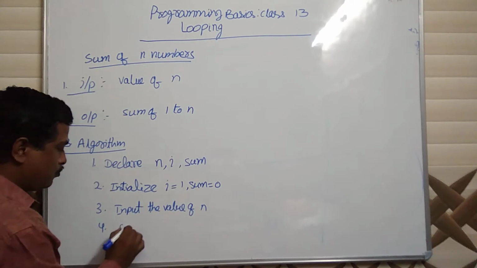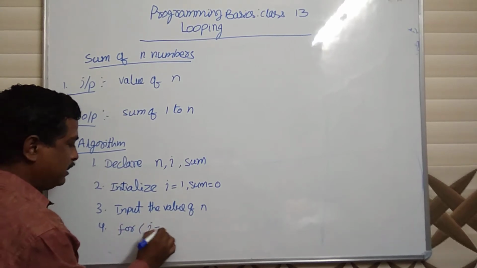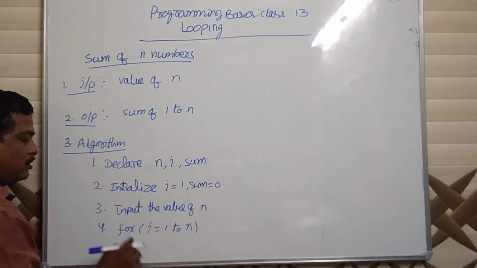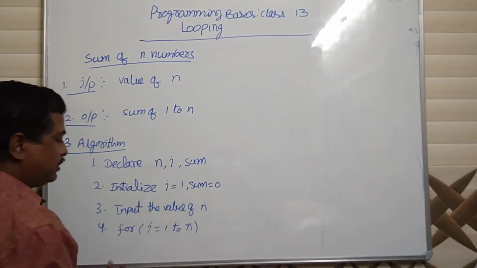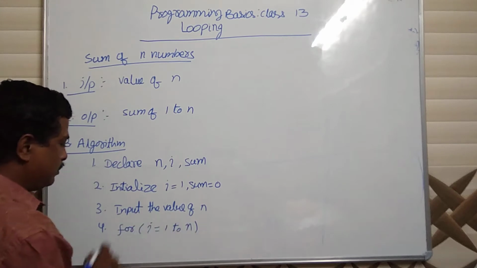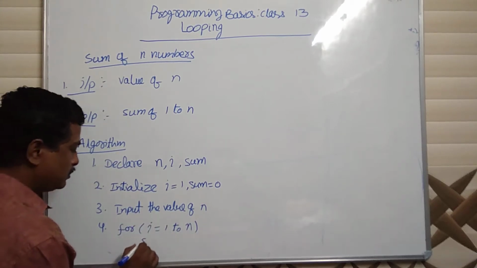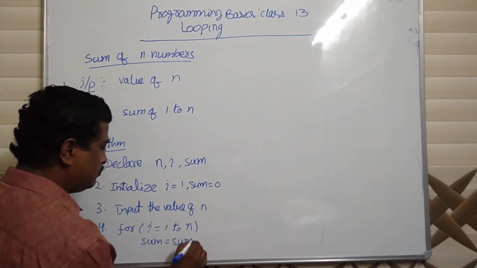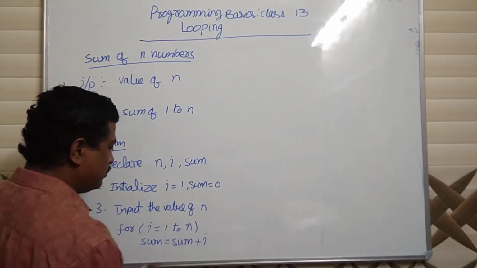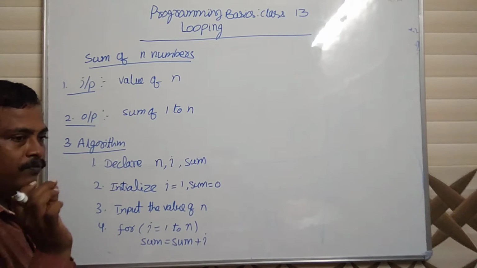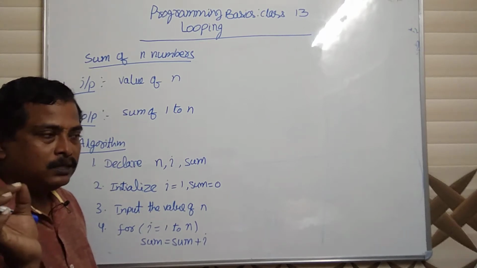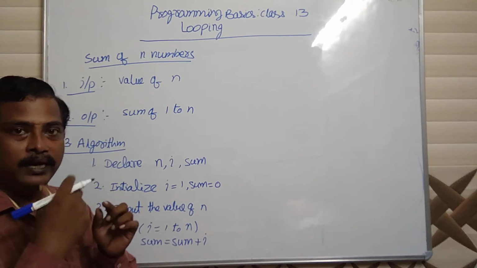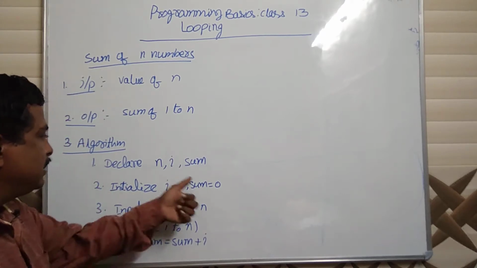So for I is equal to 1 to n, I told you to control the loop one variable is required, so I have declared for I equal to 1 to n, sum is equal to sum plus I. So n will be a constant value, 10 or 15, and I value will vary from 1 to that number, and it will be going on adding in sum, whose initial value is 0.